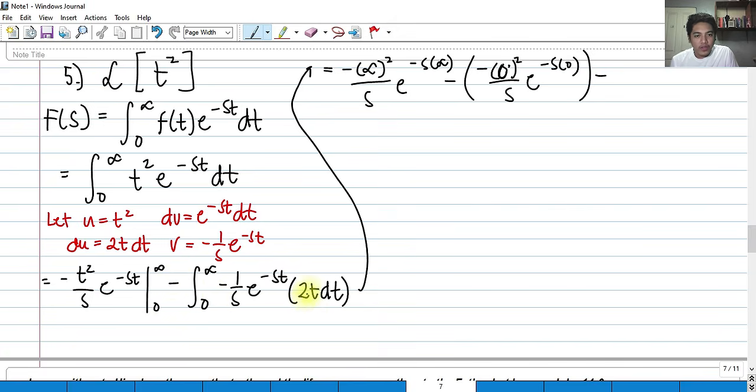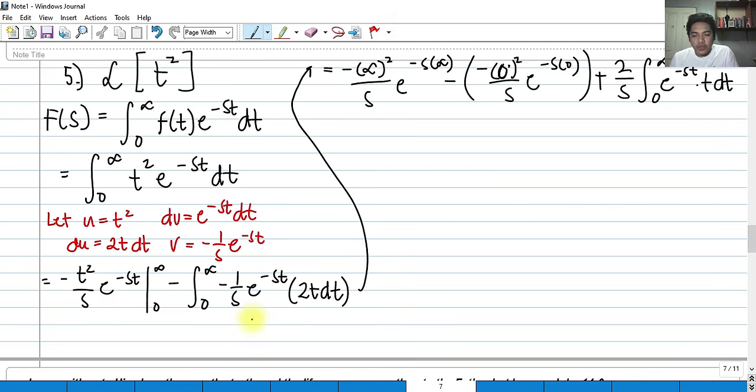I can factor out 2 and negative 1 over s. If I multiply 2 by negative 1 over s, that is negative 2 over s. And multiplying by the minus sign, this would become 2 over s, integral from 0 to infinity of e raised to negative st multiplied by t dt.